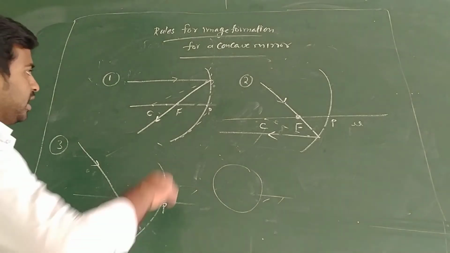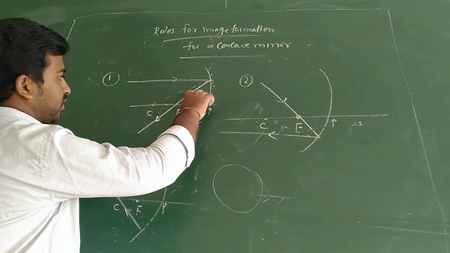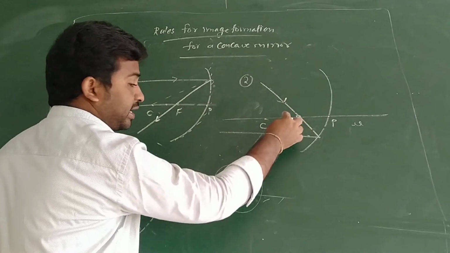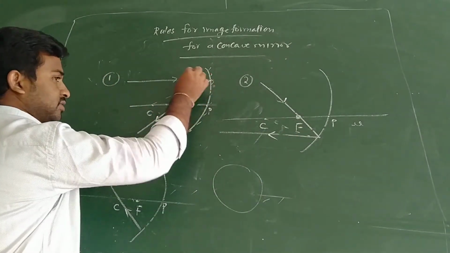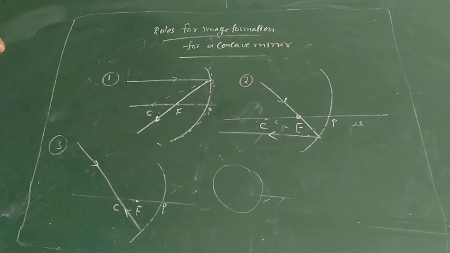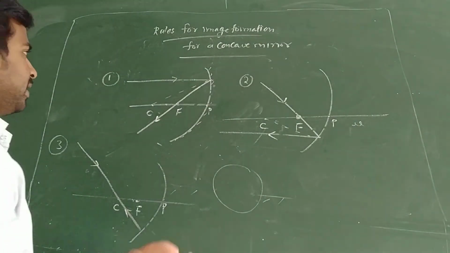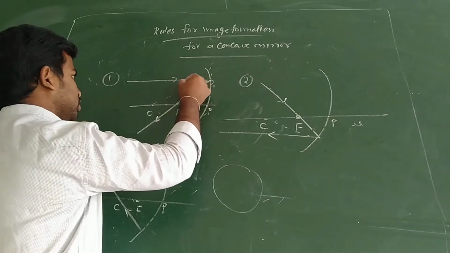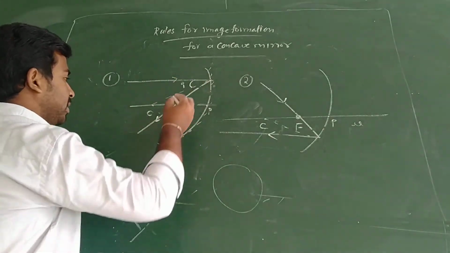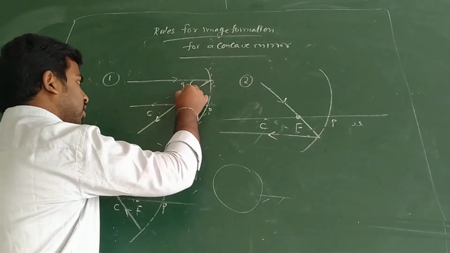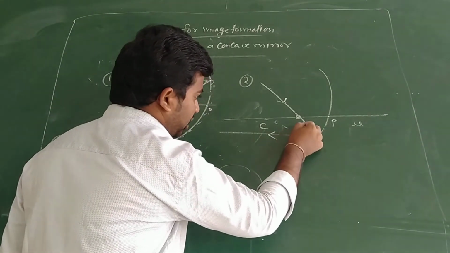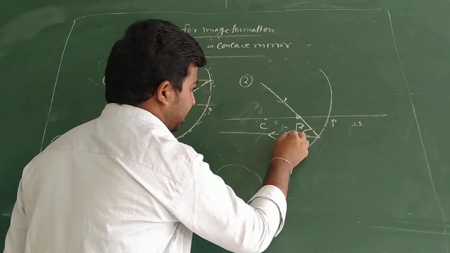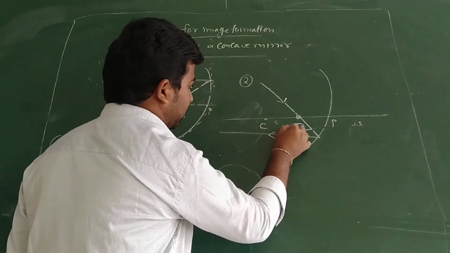But if you see here, it is the incident light ray, it is the normal. It is the reflected light ray, it is the normal. Then we know the angle of incidence. What is the definition of angle of incidence? The angle made by the incident light ray with the normal is known as the angle of incidence. The angle made by the reflected light ray with the normal is called the angle of reflection.